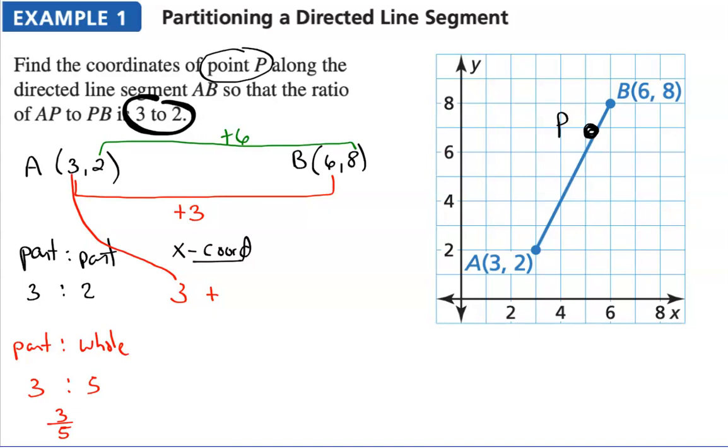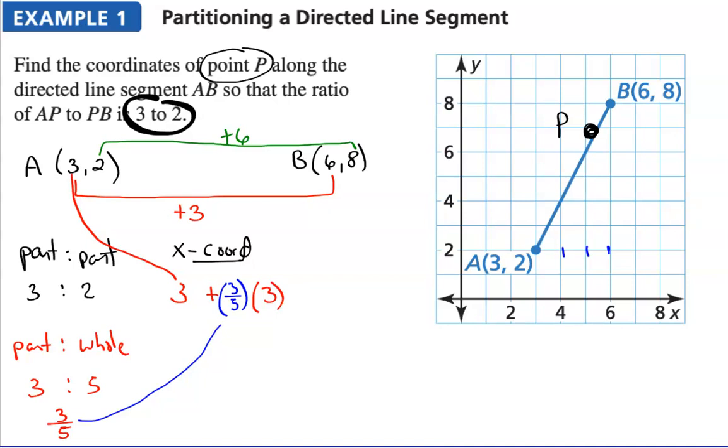I don't want to add all 3 units of it because that would get me all the way to point B. I only want to add some of the 3. How much of the 3 do I want to add? I want to add 3/5 of that 1, 2, 3 units to figure out where that new point P is.